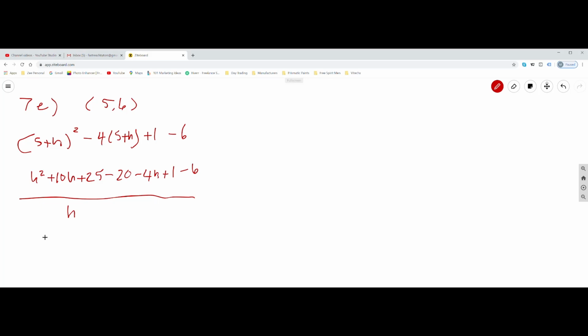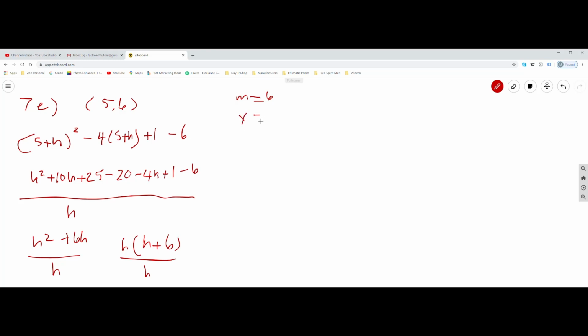So you're left with h squared plus 6h over h. So the slope is equal to 6.